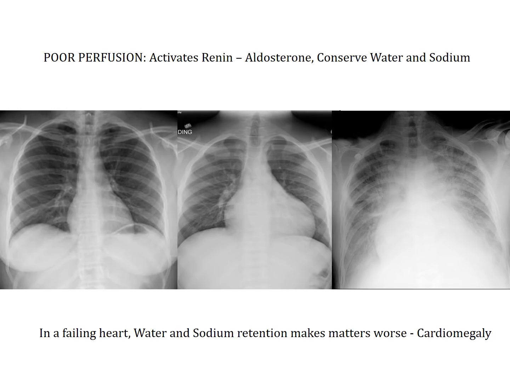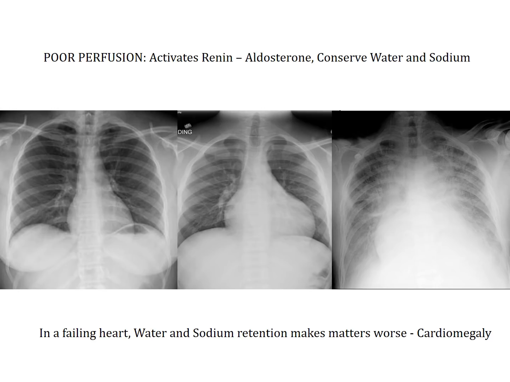And that is the last thing that you want to do to a failing heart. So if a heart is already having poor contractility, you do not want to hang on to more sodium and water, and you don't want to increase vasoconstriction because that's only going to make matters worse. And now you're going to end up in this cycle where poor perfusion leads to sodium and water retention.